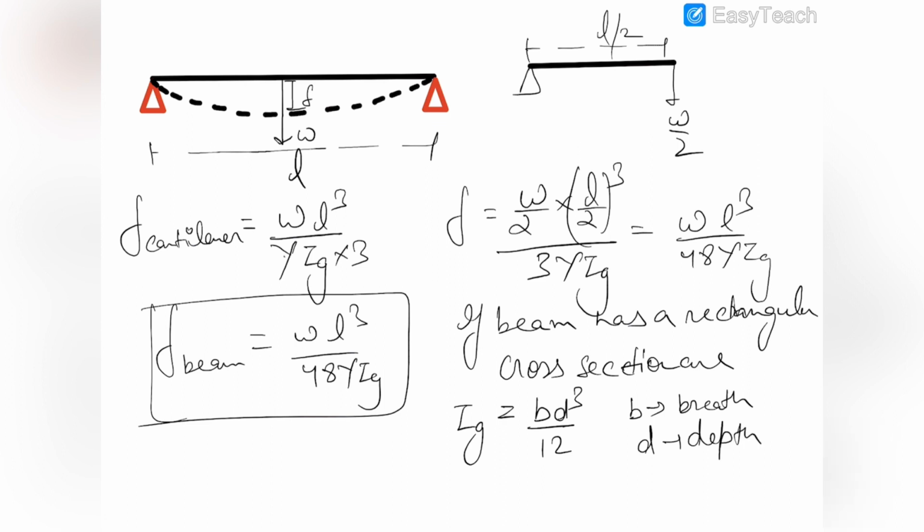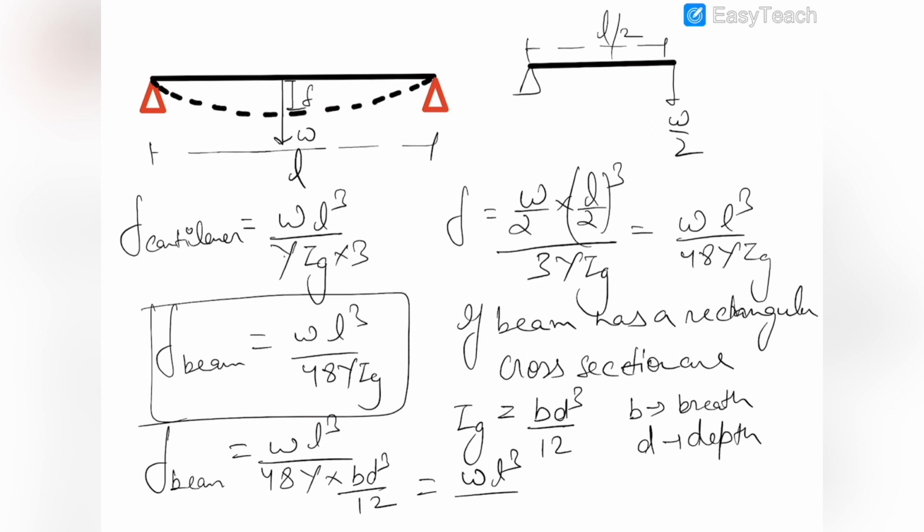So delta for this rectangular beam will be equal to WL cube by 48 gamma into Ig. Ig will be BD cube by 12, so it is equal to WL cube by 4 gamma BD cube.